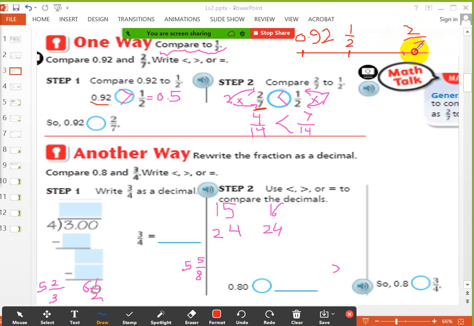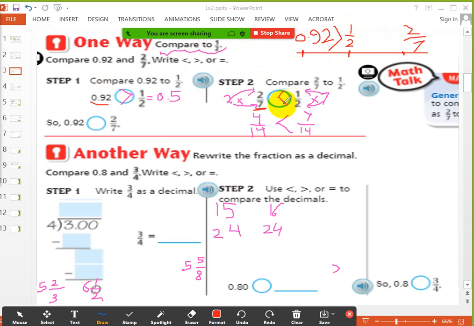Now, from this I will know. Girls, please stop. I will repeat when we finish. Okay? Now, from this step and this step, I know that 0.92 is greater than 1 over 2, and 2 over 7 is less than 1 over 2.